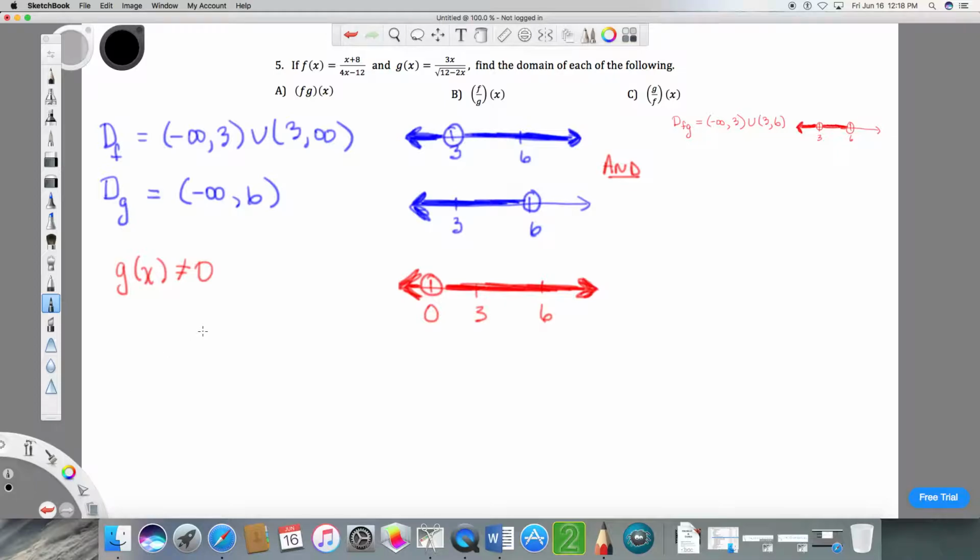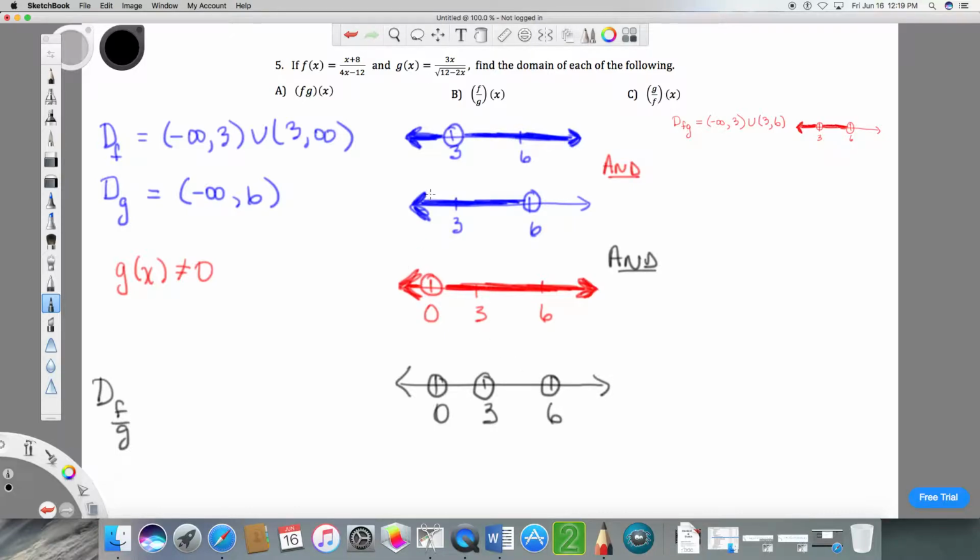So to be in the domain of F over G, we have to intersect these three sets. And it's probably easiest to do that for right now in the form of a picture to see, well, 0 is not in all three sets, so 0 can't be in the intersection. 3 is not in all three sets, it cannot be in the intersection, and the same for 6. 6 is not in all three sets, so it cannot be in the intersection.